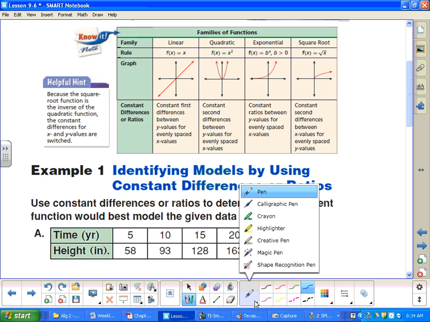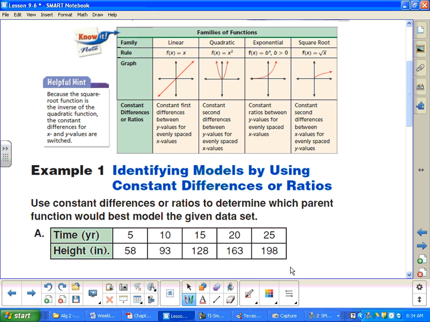Earlier in the Algebra 2 book, we looked at using constant differences and ratios. We actually talked about this a little bit in Chapter 7, when we were talking about exponential functions.